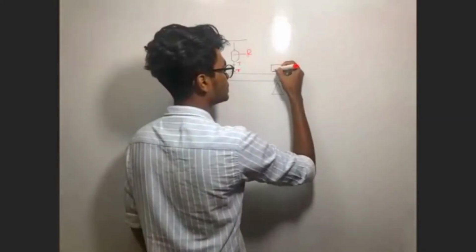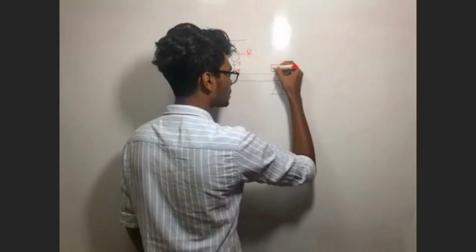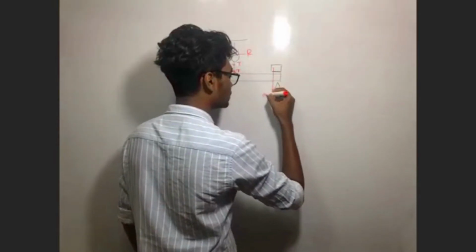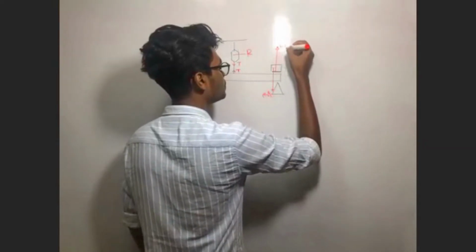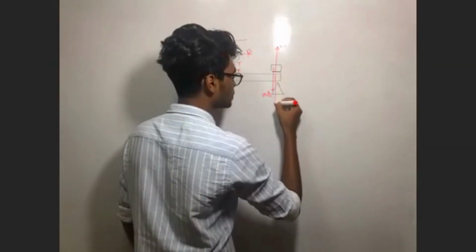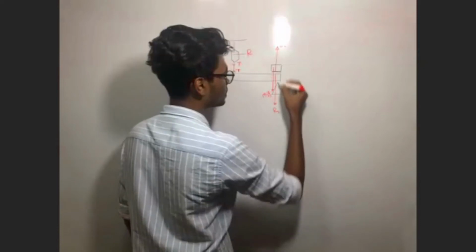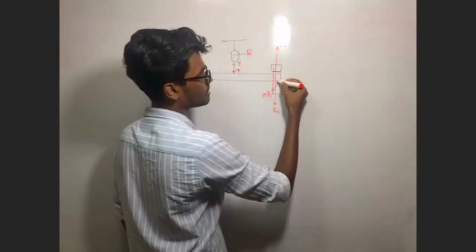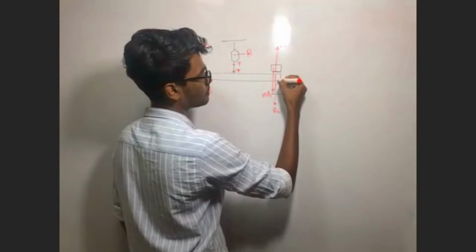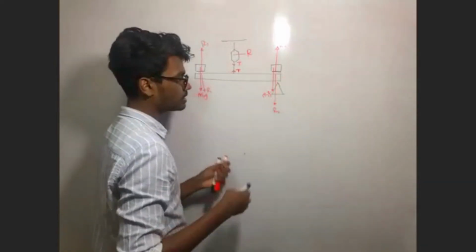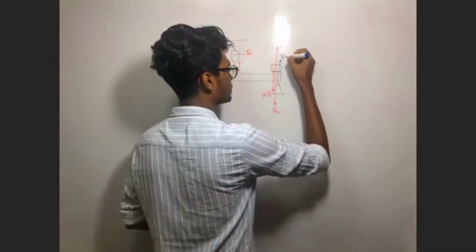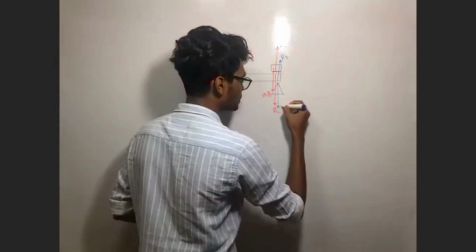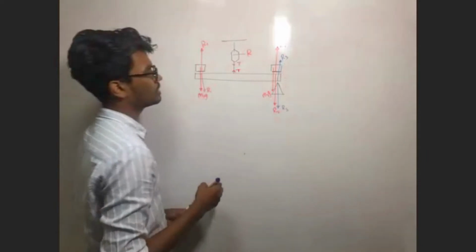M2 has weight M2G, and R2 on this. Then once again there is a contact surface here, so another reaction R3, and on the wedge R3, right?